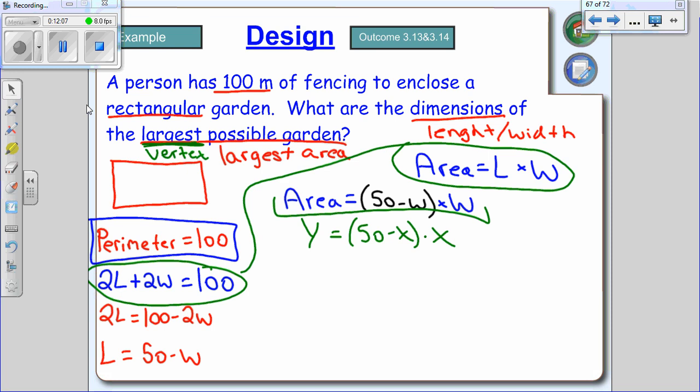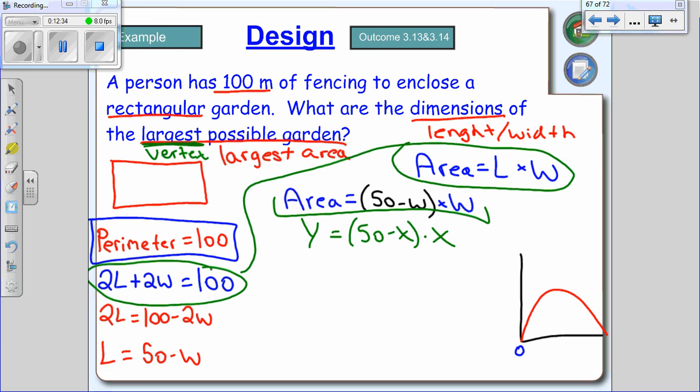If you put this in your calculator, you should get a little quadratic. Quadratic looks like this. Remember, you're only going to look at the positive end of things. The smallest width or length that you could possibly have is 0. The biggest possible length or width that you could have would be 50.